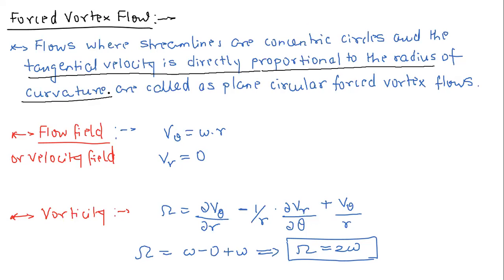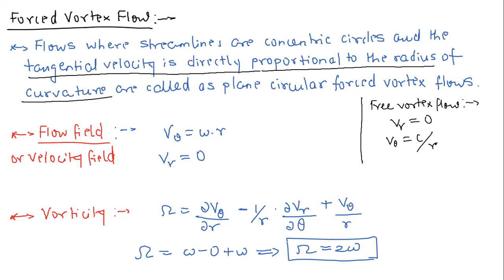In a free vortex flow, if you remember, what was the velocity field? Just tell me quickly. Vr was equal to 0, that means there was no velocity in the radial direction, and v theta was C by r.